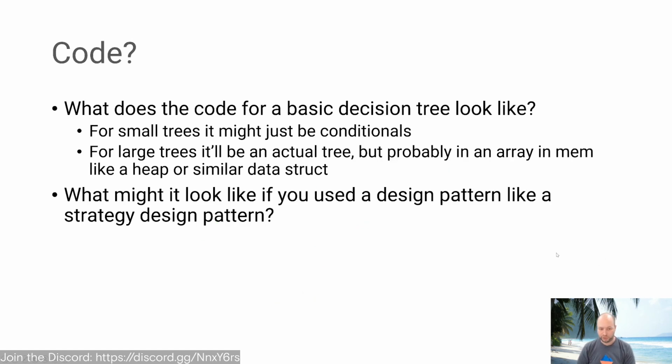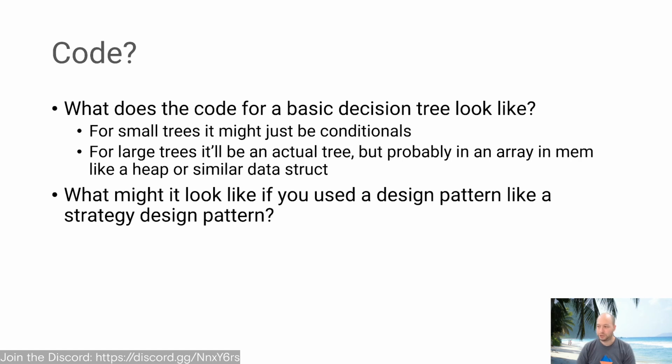All right, so the code, right? What does the code look like for a basic tree like that? For a small set of scenarios, it might just be a bunch of nested if statements, a set of conditionals.